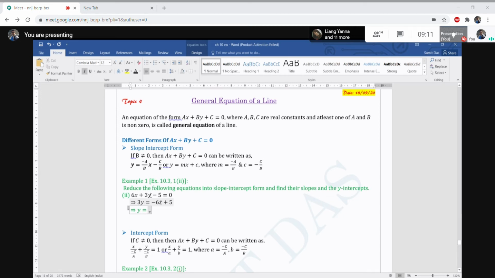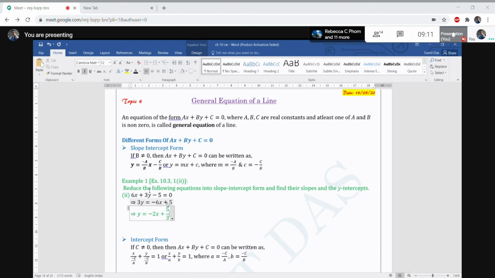So if you divide both sides by 3, it will be y = -2x + 5/3. If you divide both sides by 3, it will be -2x here, and it will be 5/3. So we converted this into slope intercept form, right?